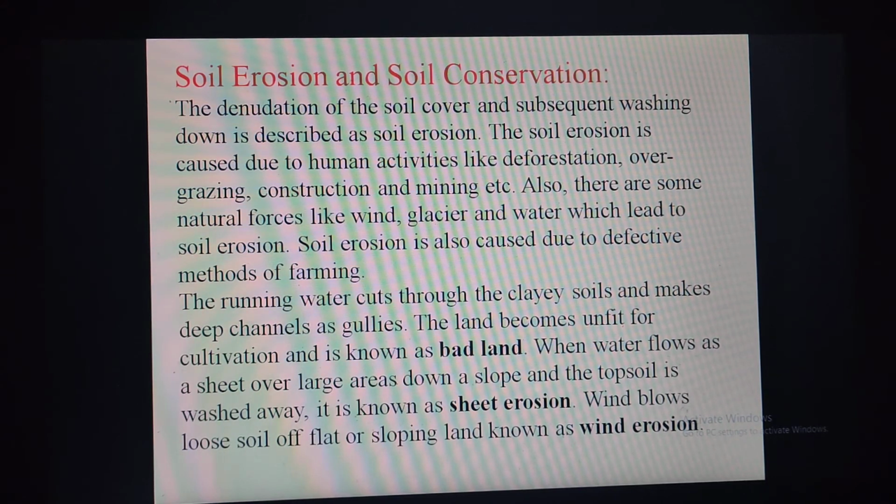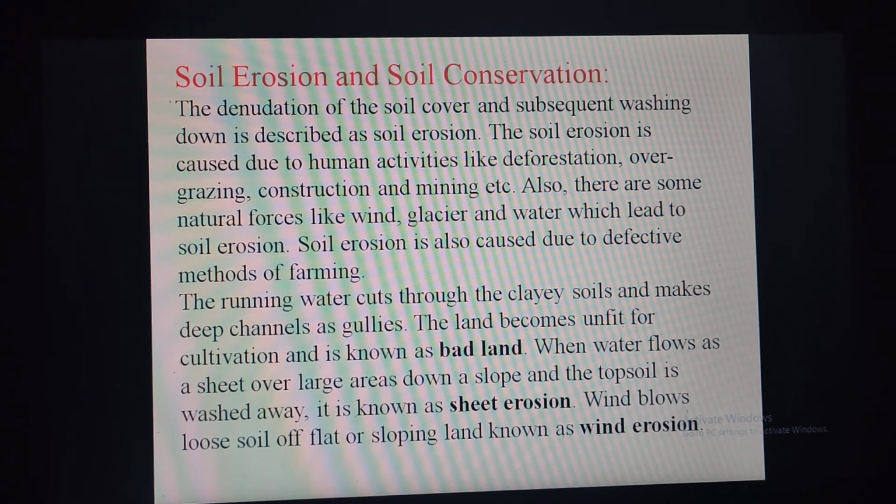The denudation of the soil cover and subsequent washing down is described as soil erosion. The soil erosion is caused due to human activities like deforestation, overgrazing, construction and mining, etc. Also, there are some natural forces like wind, glacier and water which lead to soil erosion.